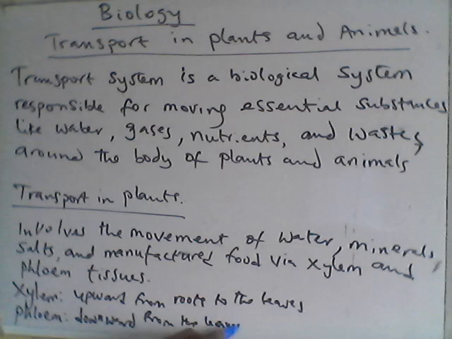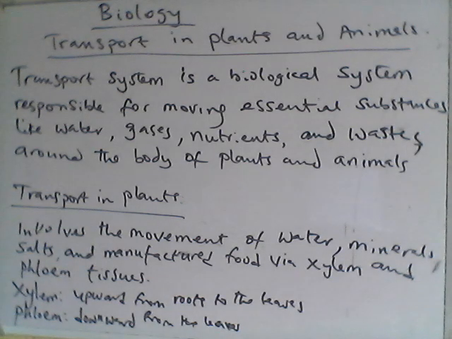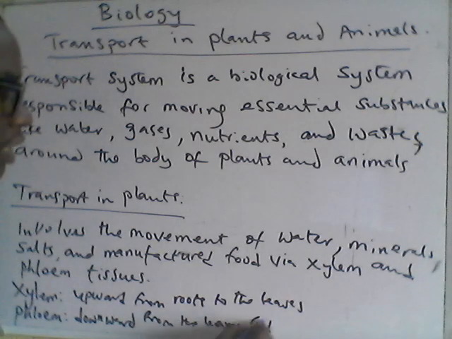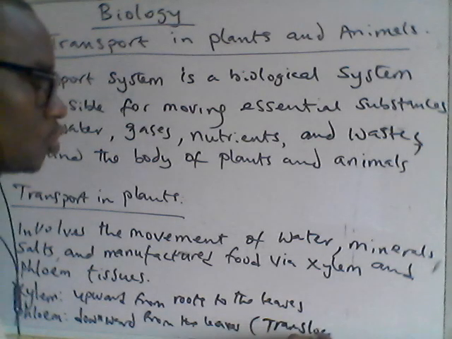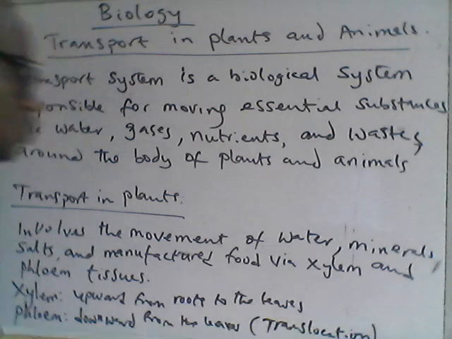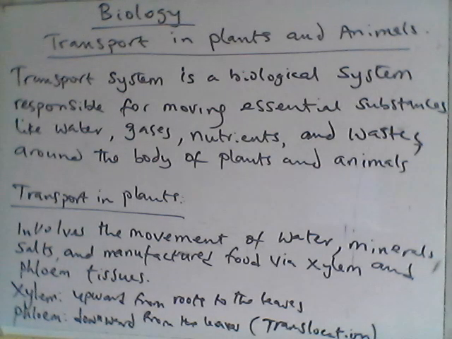It goes from the leaf to other parts of the plant, and the process is known as translocation. So translocation is the process that occurs through the phloem. This is where the food produced in the leaf goes down to the other parts of the plant in the process known as translocation.